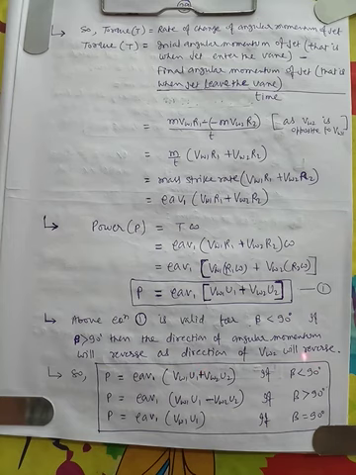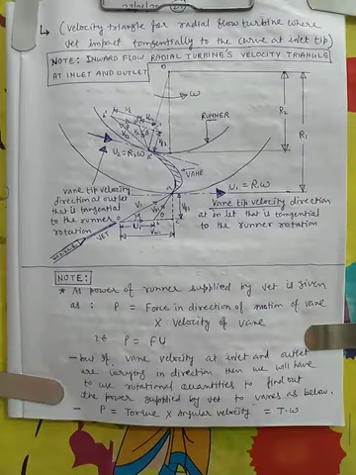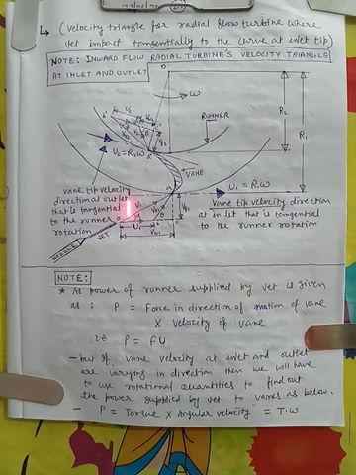Beta less than 90 degree is what we have taken in our case, and if beta is greater than 90 degree, then here will be minus. If beta is 0, means Vw2 will be 0, then the power will be this. So in this way we can calculate the power of radial flow turbine, and we saw how to calculate the power supplied by jet to the radial flow turbine.